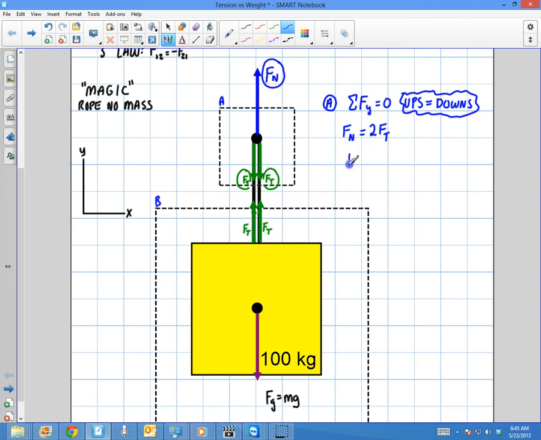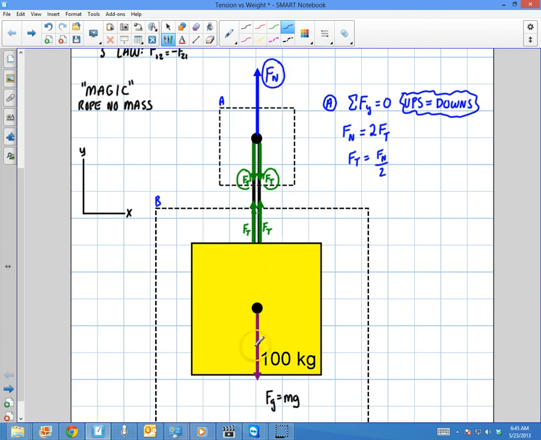So the tension is just going to be half of the normal. That's another way to say that. Okay. So this tension here, since it's being divided by 2, is only going to be half of whatever this is. So that's kind of interesting. So if my tension was 50 and 50, then the normal would be 100.